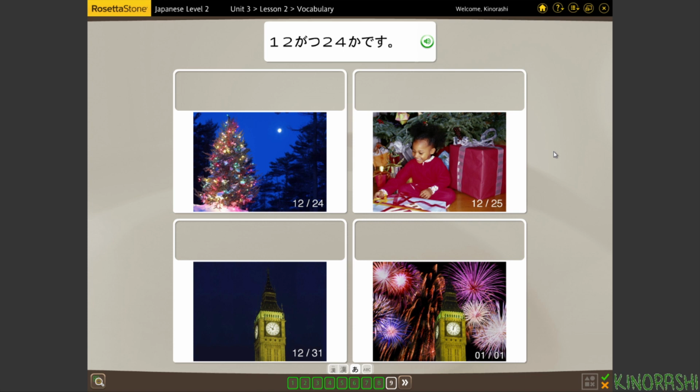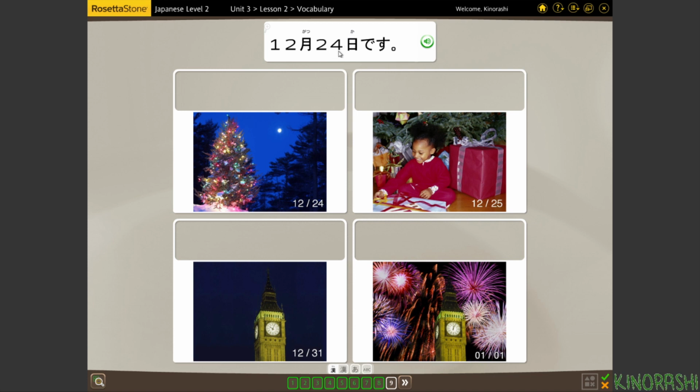12月24日です。Now here, this is an example of when certain numbers with certain counting things like days are used together, it's pronounced differently.